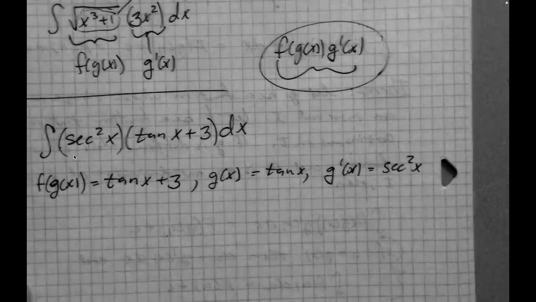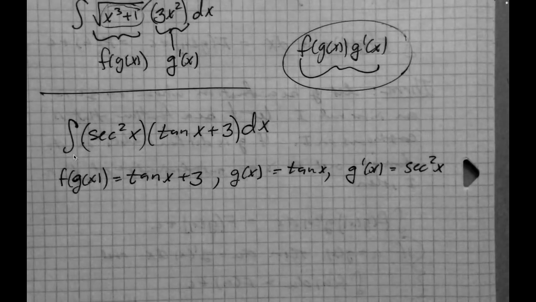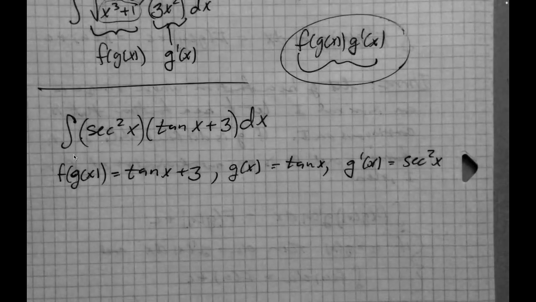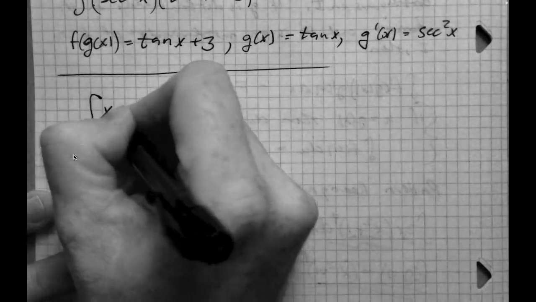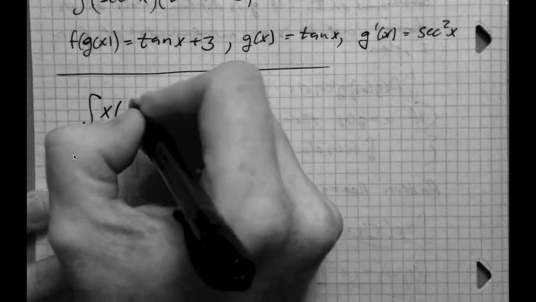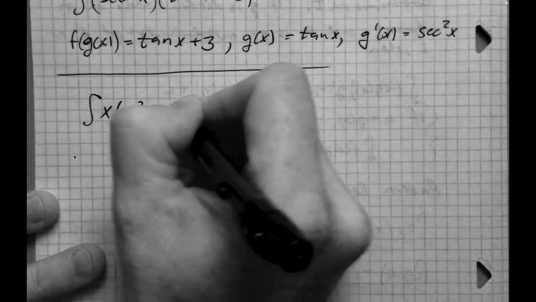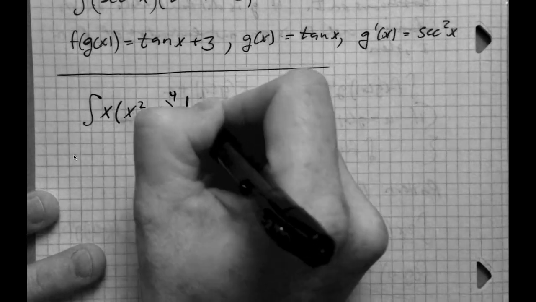And so it may be possible to change the integrand in some way so that it does fit this pattern, right? So consider an example here. If I have the integral of x times x squared plus 1 to the 4th power, right?